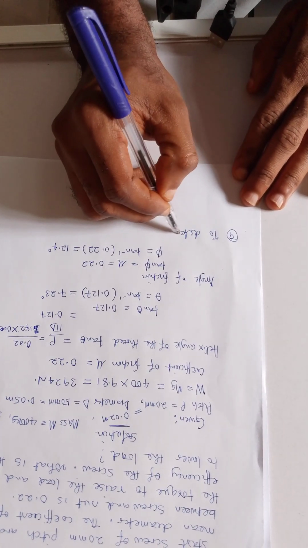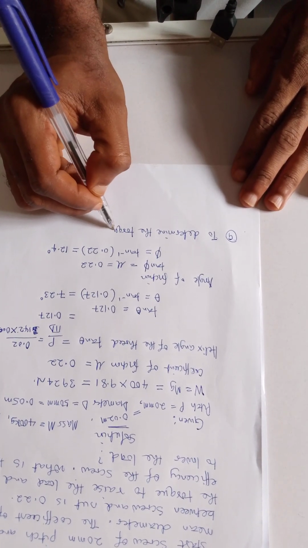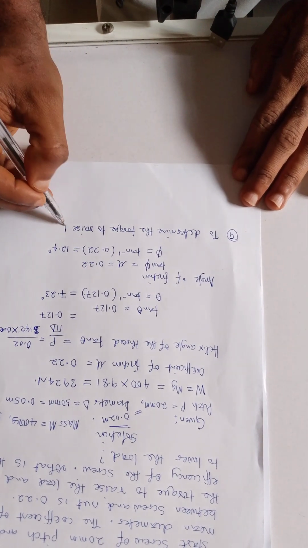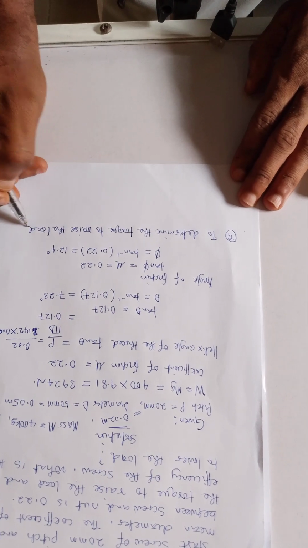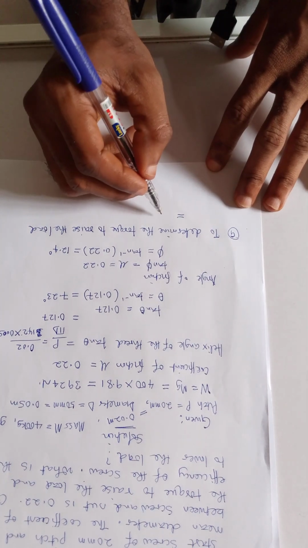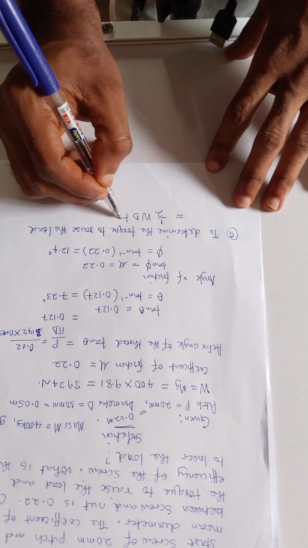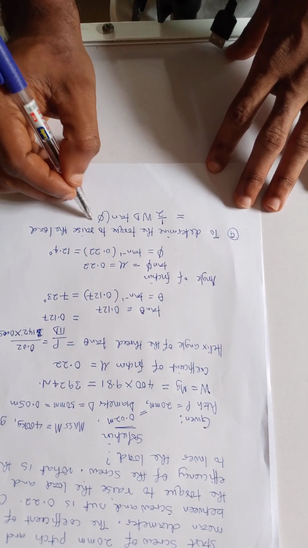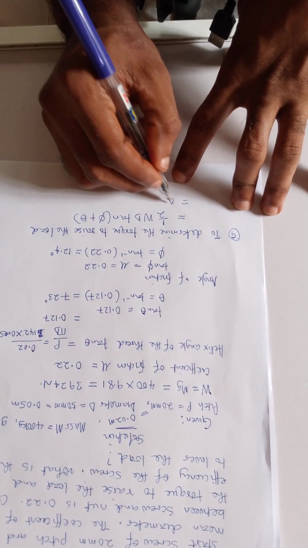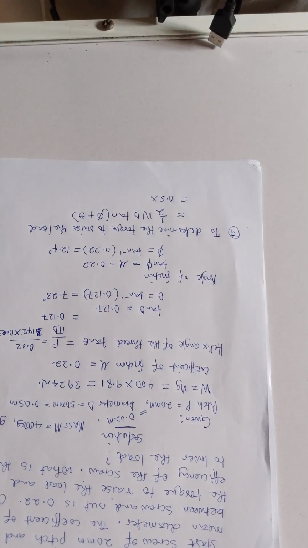The torque to raise the load is given by this formula, half W D tan of phi plus theta. This half is the same thing as 0.5 times our weight. This is the value for our weight.